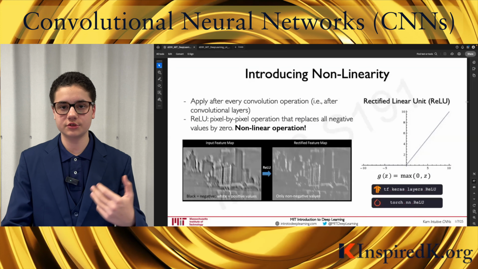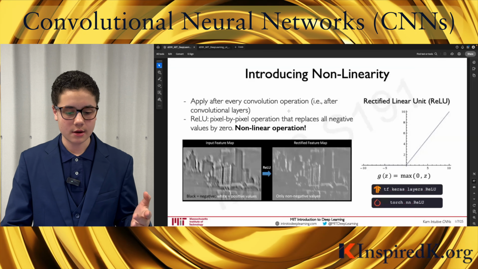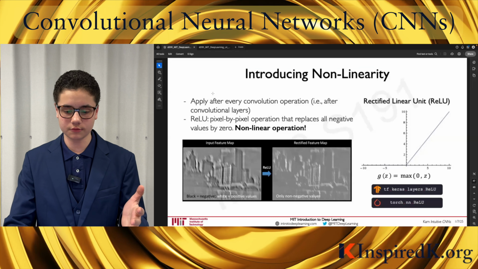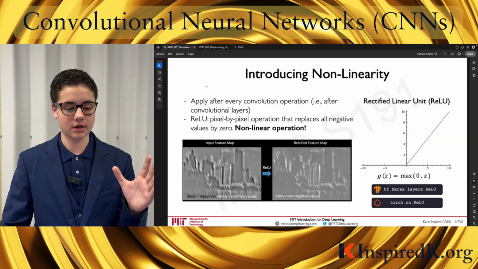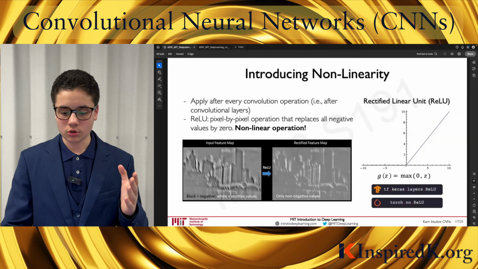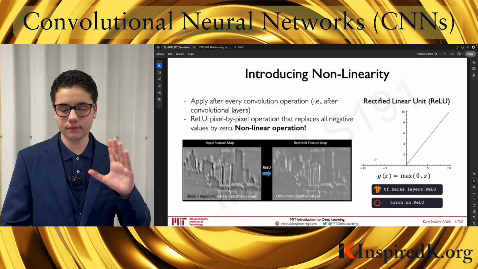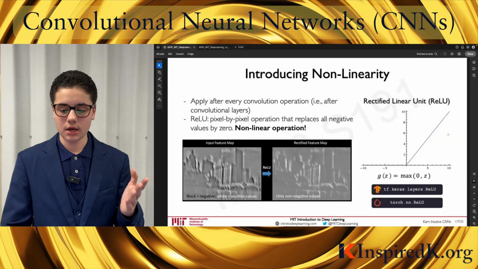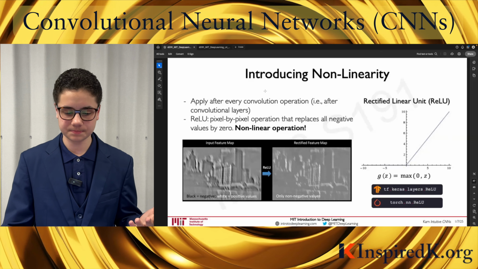Additionally, we need to introduce some nonlinearity into our network, which we're going to apply after every convolution that we have, or after every convolutional layer. With our rectified linear unit, we simply have all of our negative values set to 0 and all positive values unaffected.